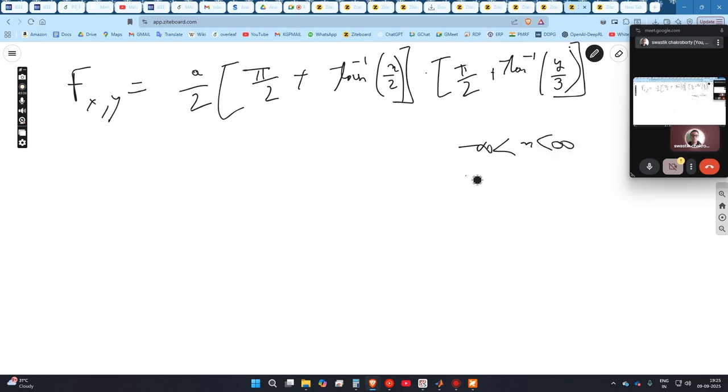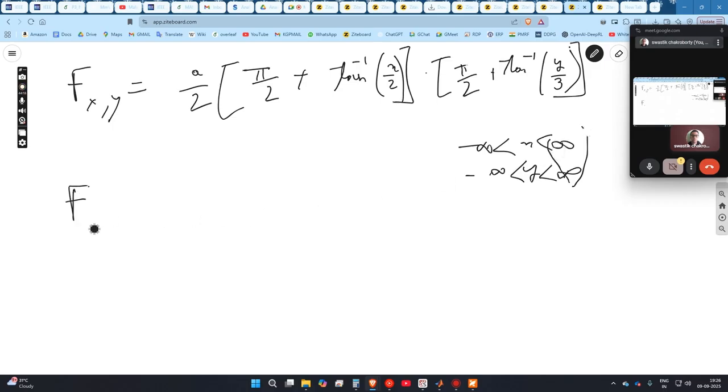So in this problem, there is a certain ambiguity over the domain. So we will assume that they exist between infinity.